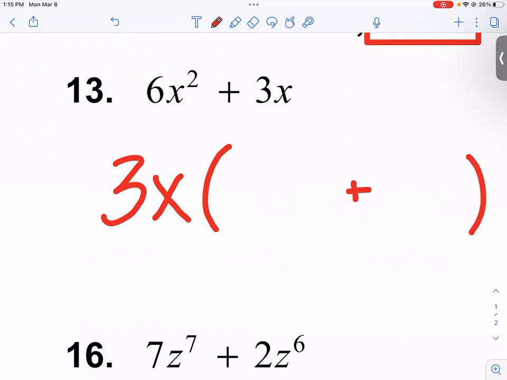If I divide out 3x, what's left for this guy? 2x. And if I divide 3x out of here, what's left?